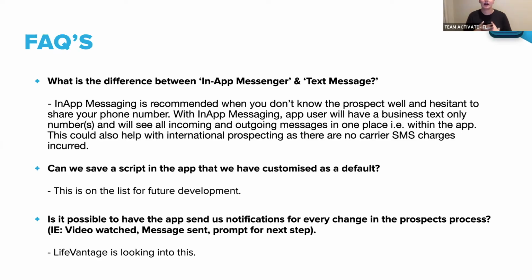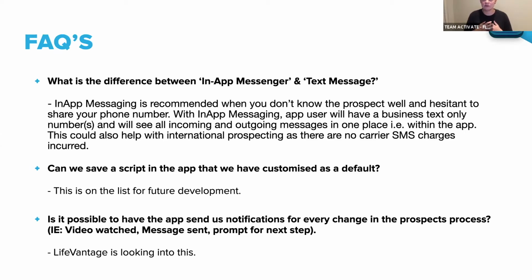And then one question that I had was, is it possible for the app to send us notifications for every change in the prospect process? Because at the moment, when someone messages you back, you will get a notification. And I believe when someone enrolls, you will get a notification. But personally, I would love to be able to see when my prospect watches the video.